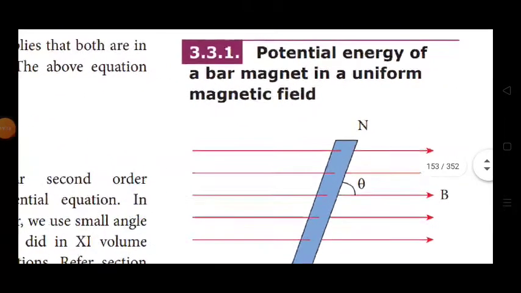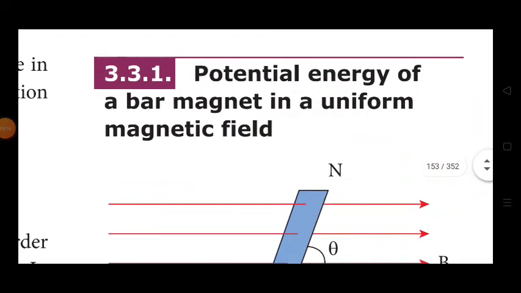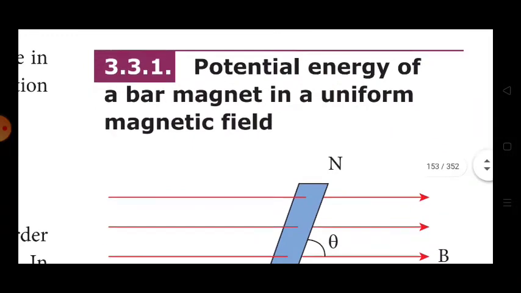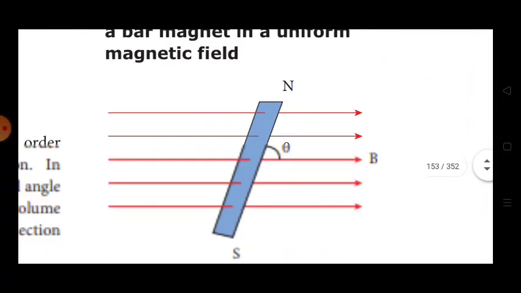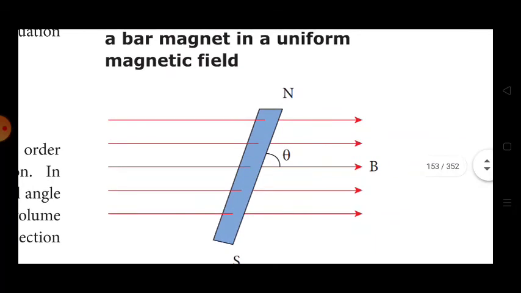Potential energy of a bar magnet in a uniform magnetic field. See that there is a uniform magnetic field in which a bar magnet having north and south poles is placed, as given in the diagram.